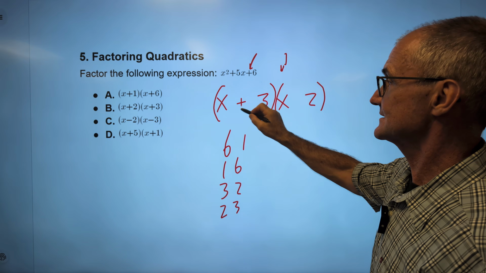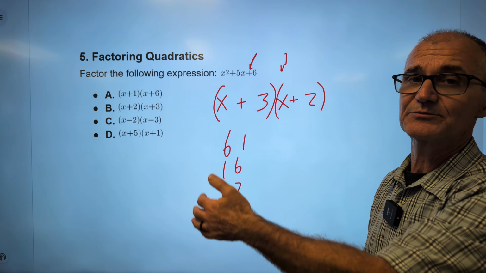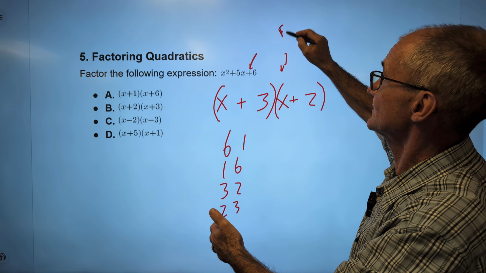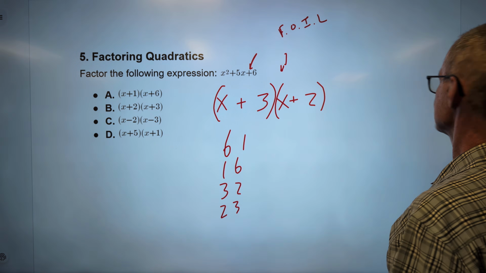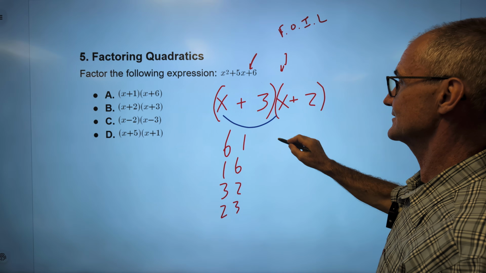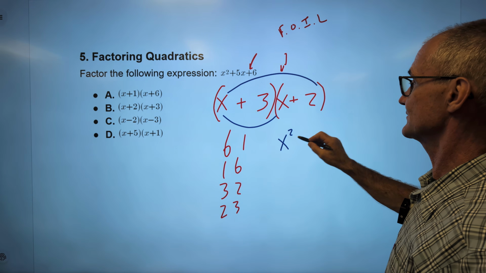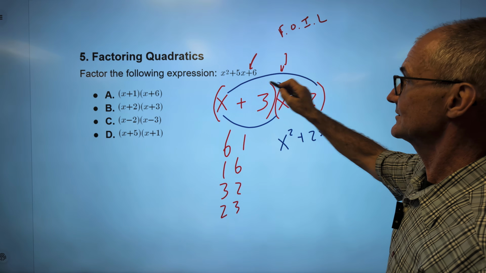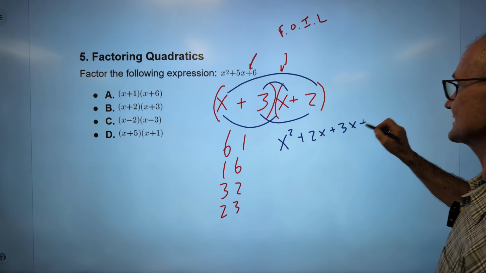They're both positive. The reverse of factoring, the way I check this problem, is what I call FOIL, first, outer, inner, last. The way you do that is you take the first terms, multiply them together, get x squared. First, outer, 2 times x. Inner, 3 times x. Last, 3 times 2, 6.